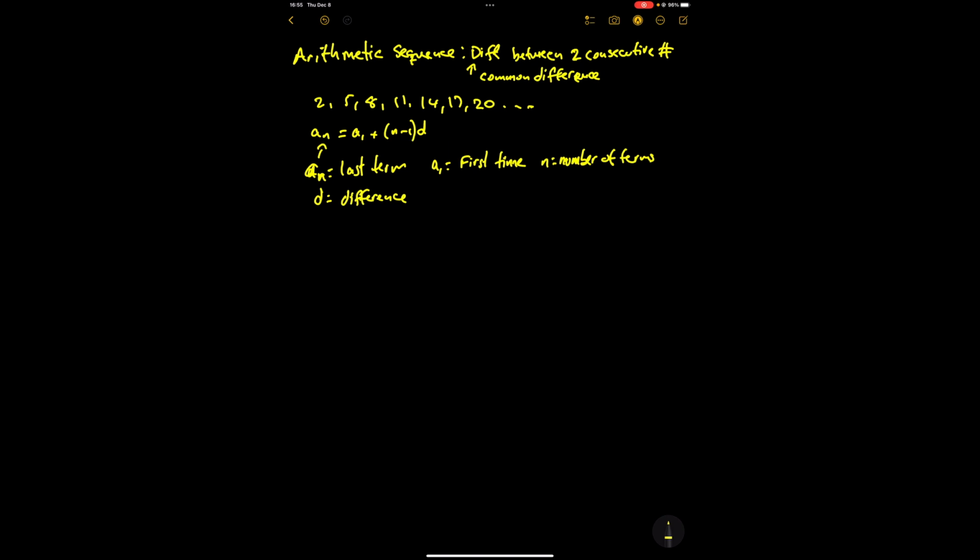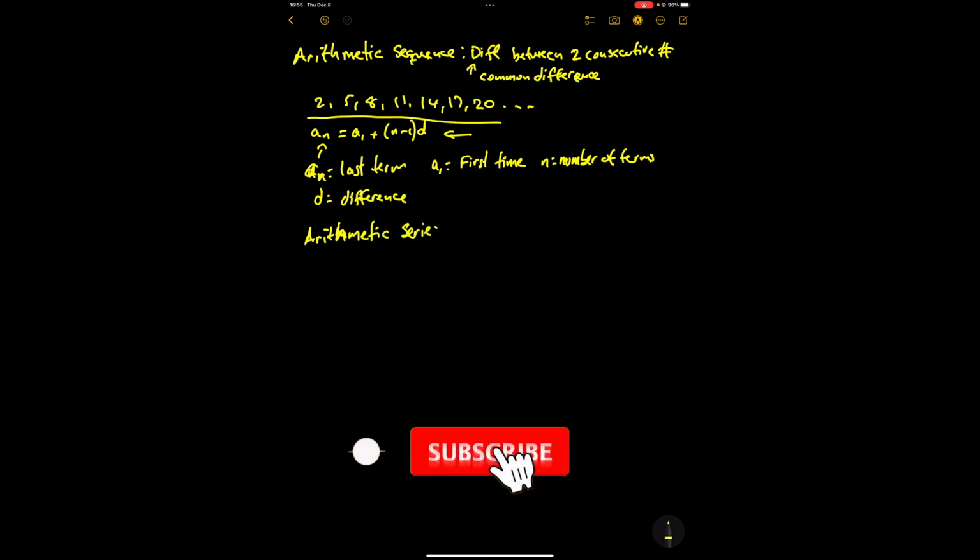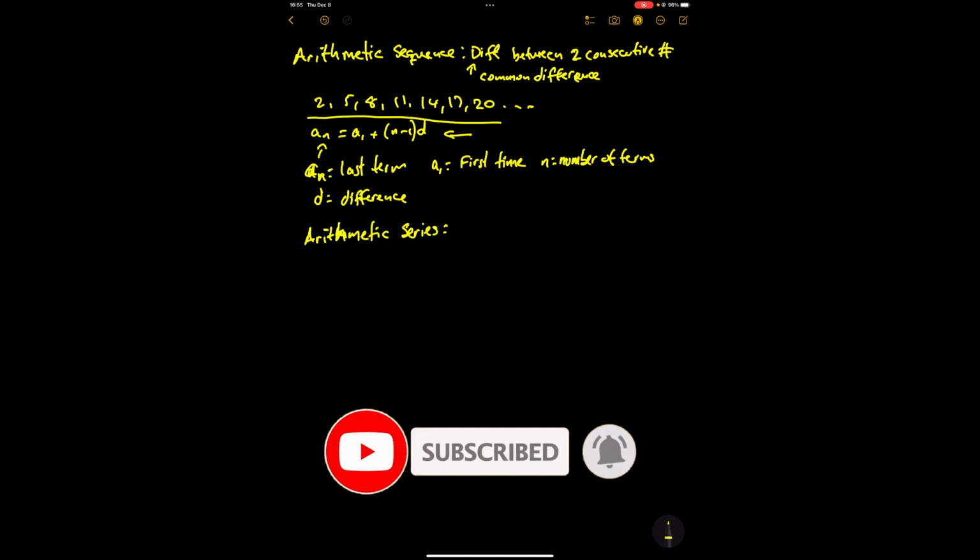It's this formula that helps us to find those sequences. Does that make sense? Okay. So let's now look at arithmetic series. What is it?